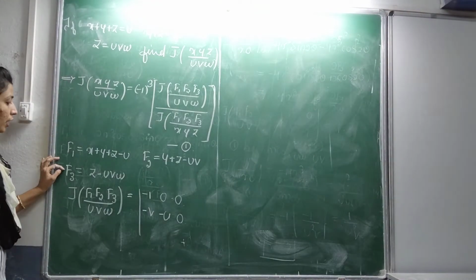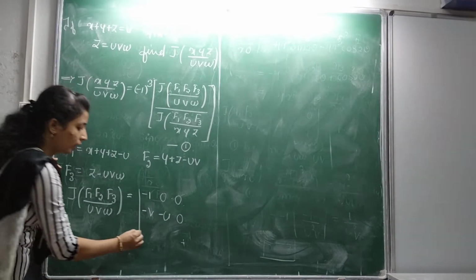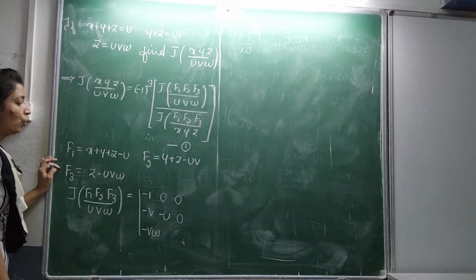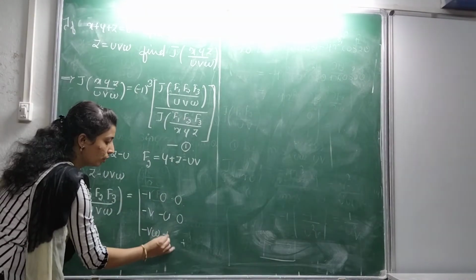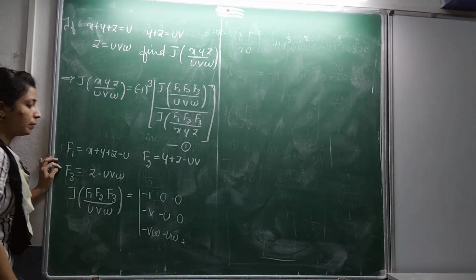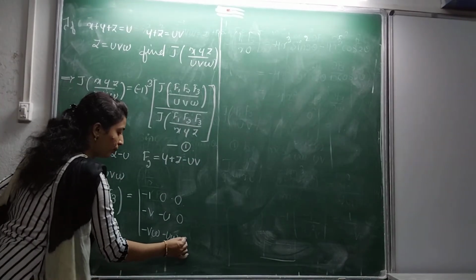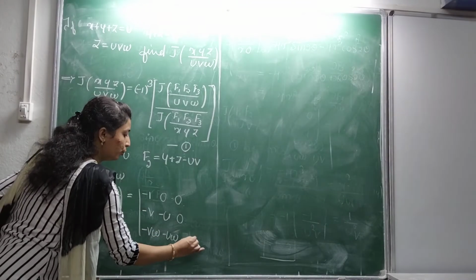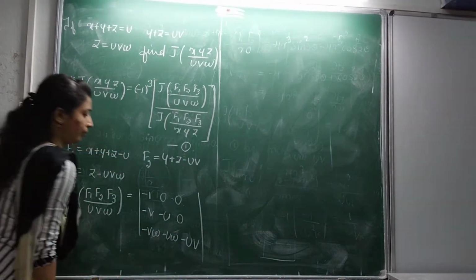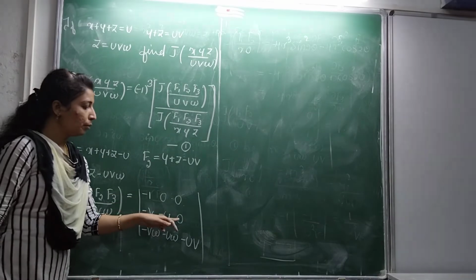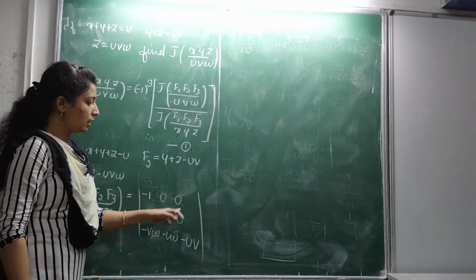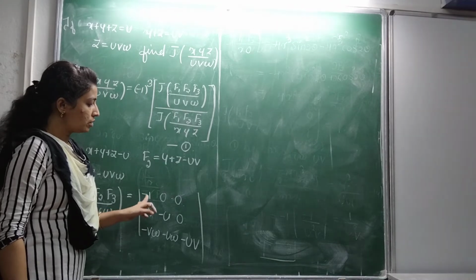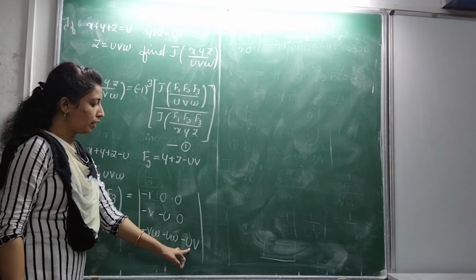Next f3 with respect to u is -vw, with respect to v it is -uw, and with respect to w it is -uv. So above the principal diagonal all the elements are 0, therefore the value of this determinant is -1 times -u times -uv.